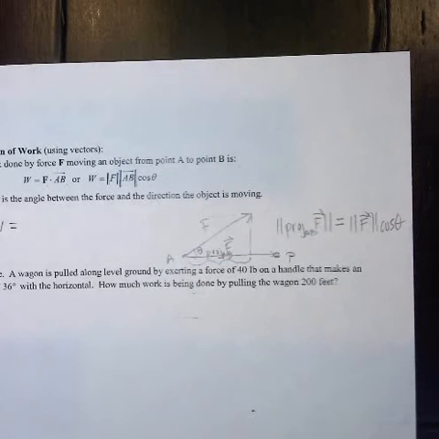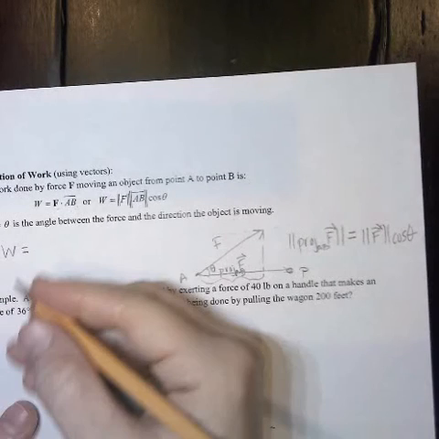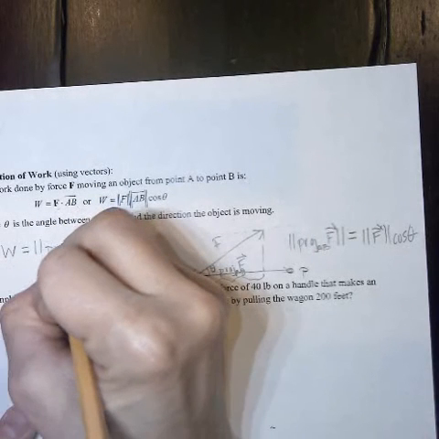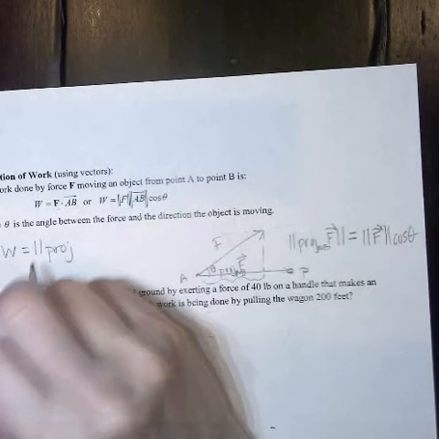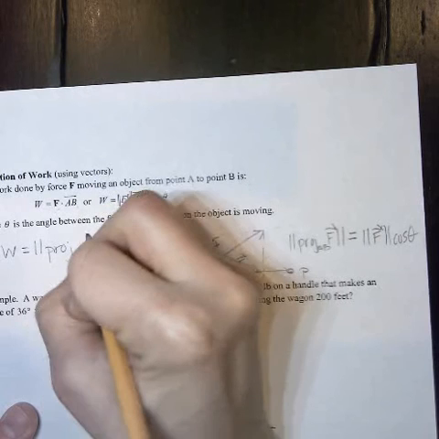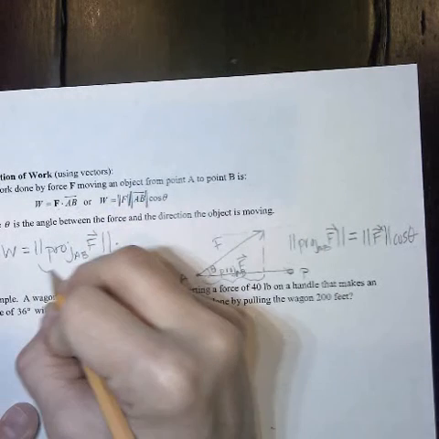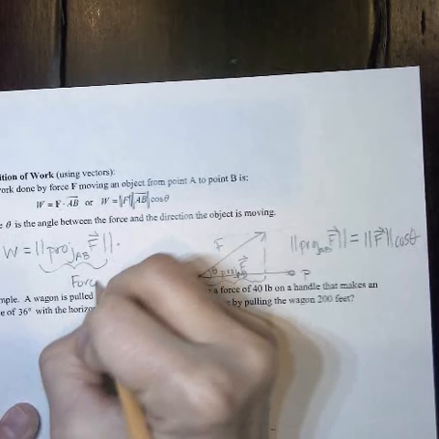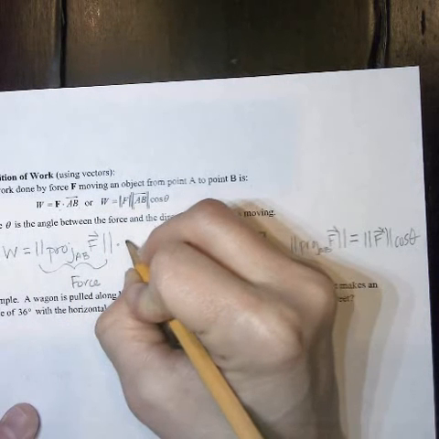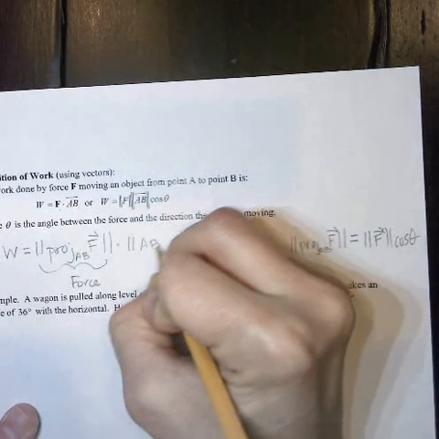So the work is equal to the magnitude of the projection vector times, so this is our force, and then times the magnitude of AB, that's our distance.